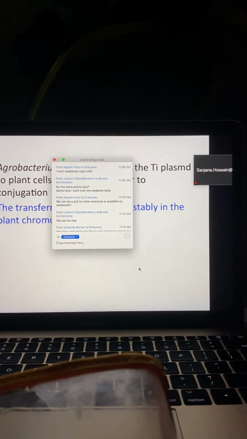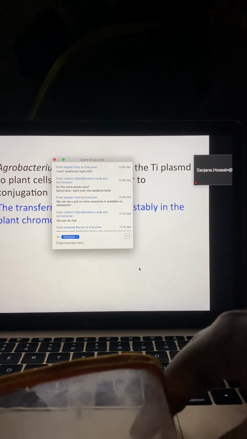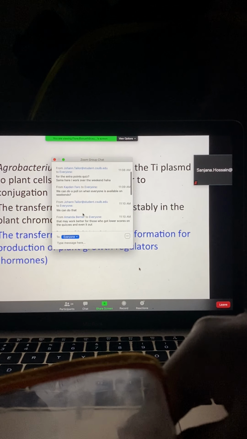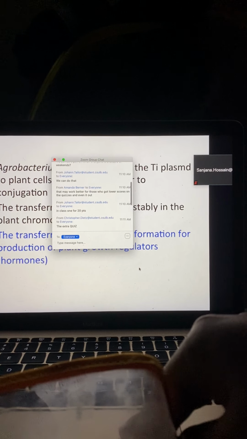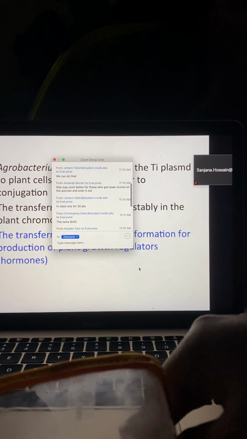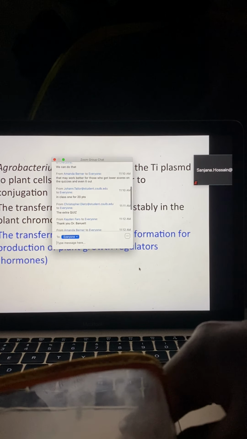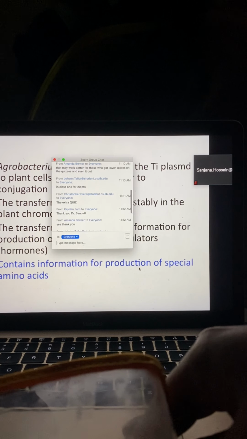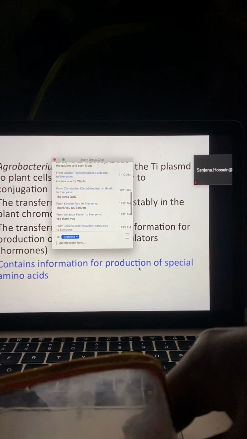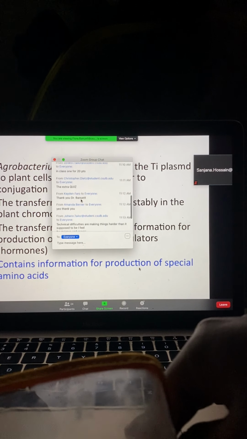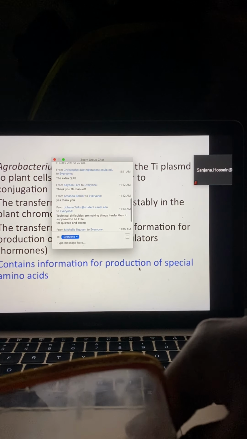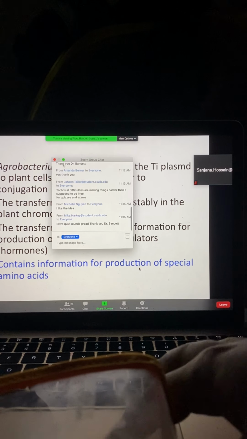And this DNA that integrates contains information for production of plant growth regulators. These are hormones. And also for production of special amino acids. Okay, these are new amino acids. You never heard of these amino acids before.